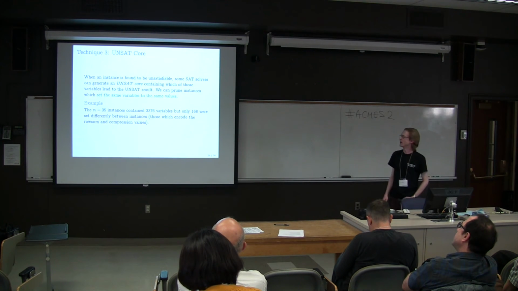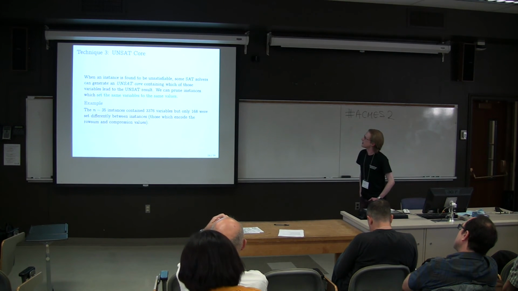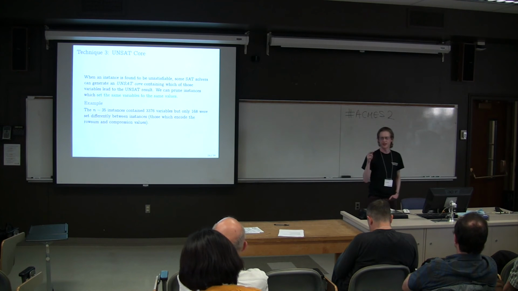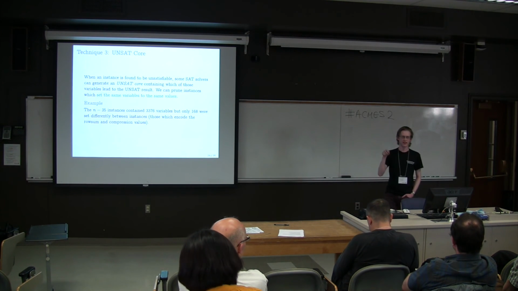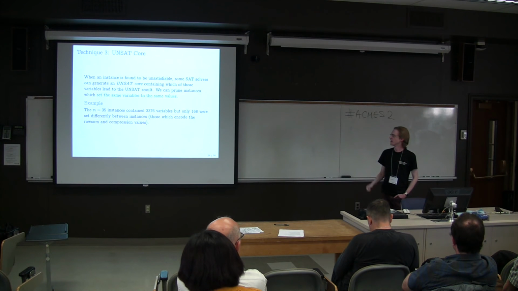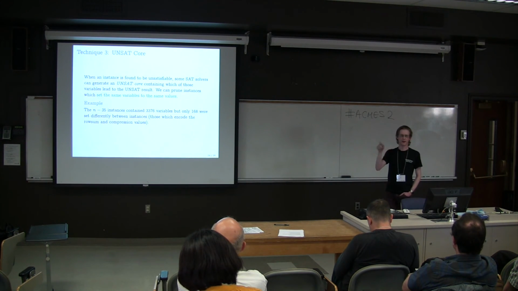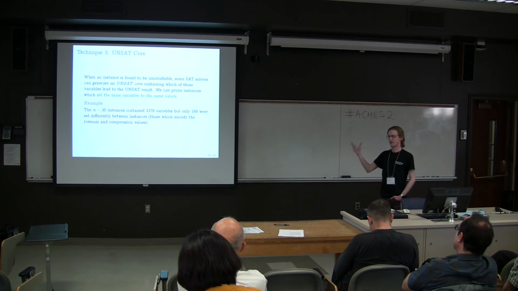The last technique was what we call the UNSAT core. When you get an UNSAT result from a SAT solver, sometimes you can configure it to also output why the result was UNSAT. It can say, this was UNSAT because I set this variable to this, and this variable to this, and I was able to derive a conflict.